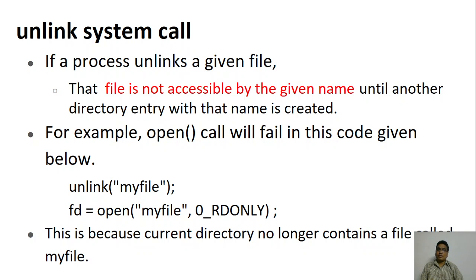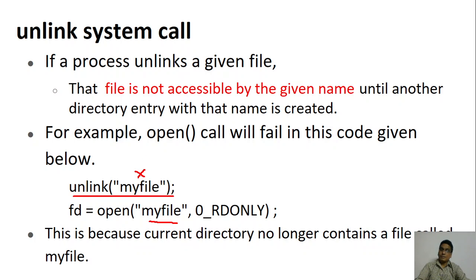As usual, when you unlink a file, the file will no longer be available to others. If you look at this particular program, in this program I unlink this file. That means my file has been unlinked now.